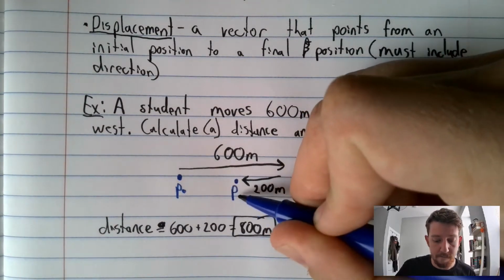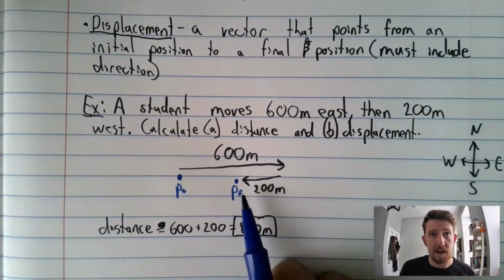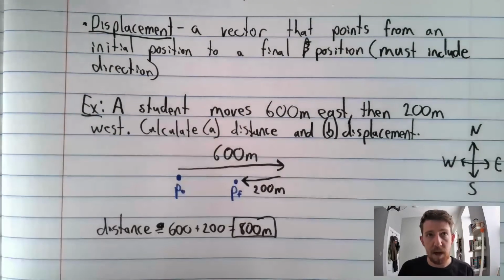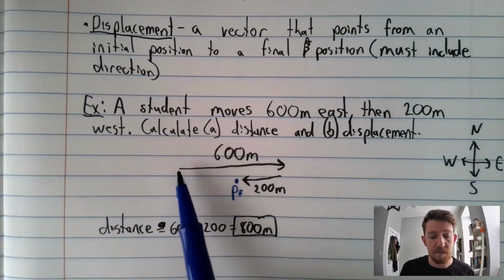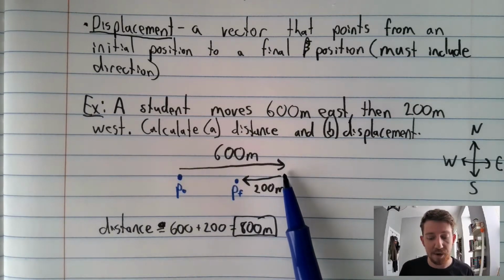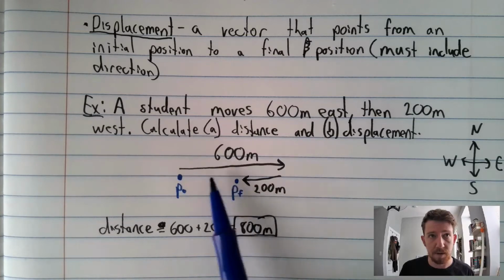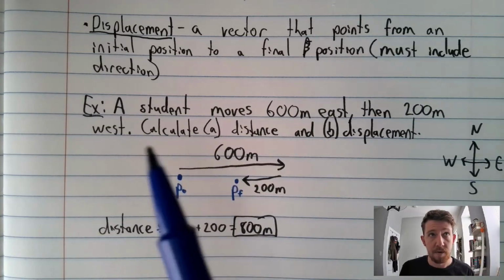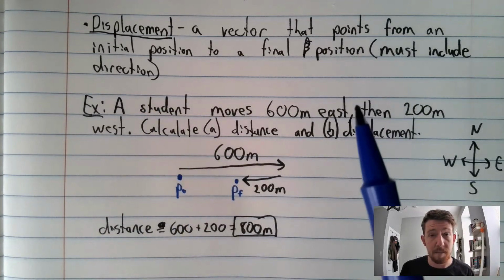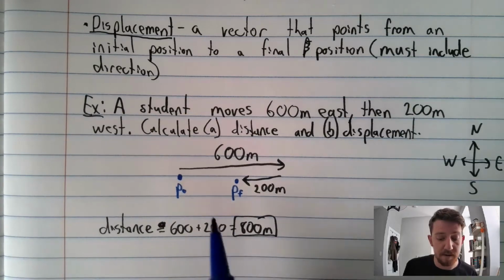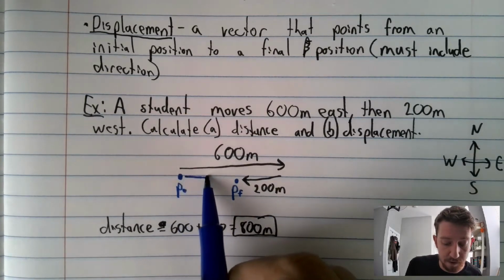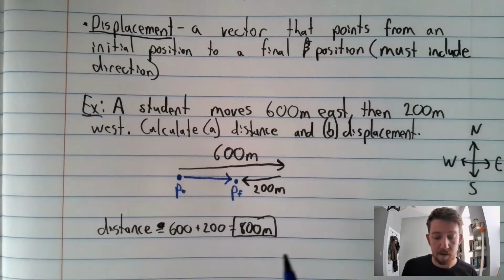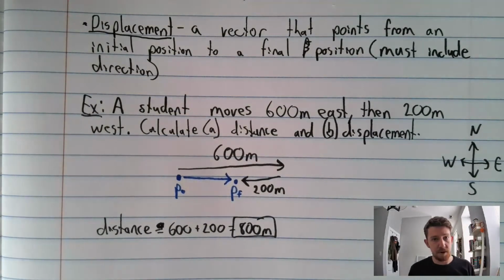And PF thus means final position. Now they can't be swapped because look at the way it's written. First they start here and go 600 meters this way, then they turn around and go that way. So there's our initial, there's our final. Displacement is a vector that points from initial position to final, so it has to point from the initial to the final. The reason we have to point it from initial to final is so that we get the right direction.